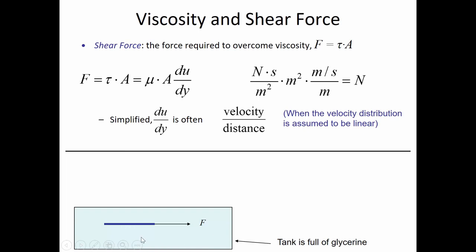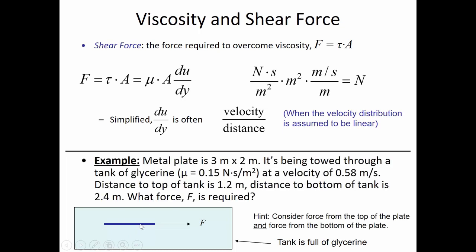And so let's say that we have a tank full of that liquid from the video, the glycerin. Glycerin was the one where it was shaken, it hardly moved at all. When it was inverted, it poured out really quickly. That was the glycerin. So if we had a tank of a viscous fluid and we're going to drag a plate through that tank, let's say it's a metal plate with dimensions of 3 meters by 2 meters.